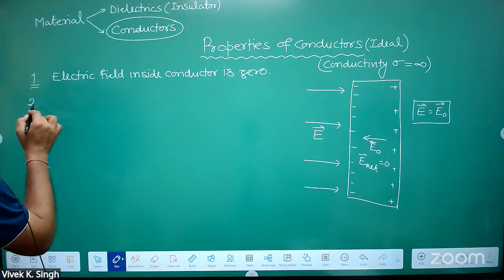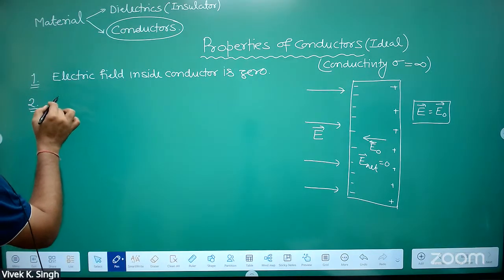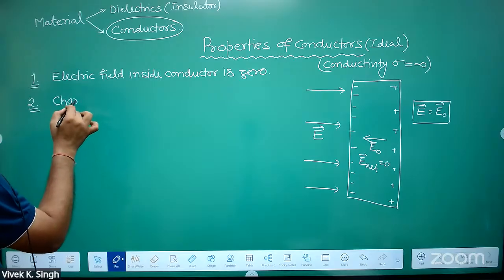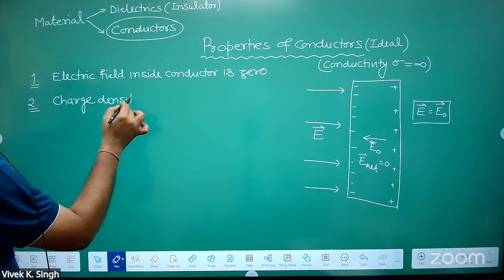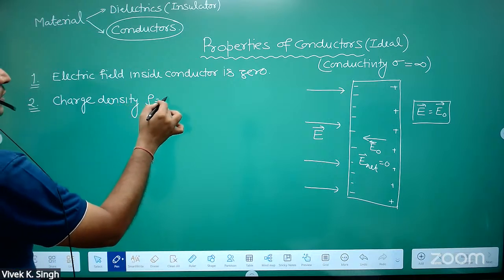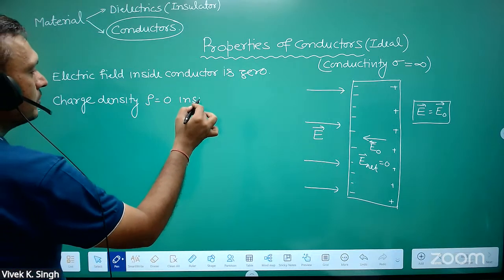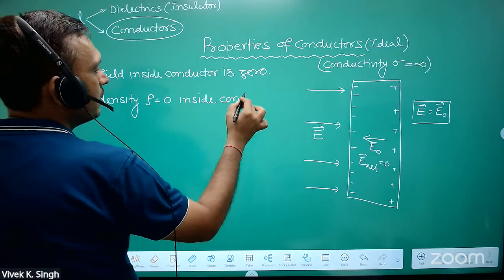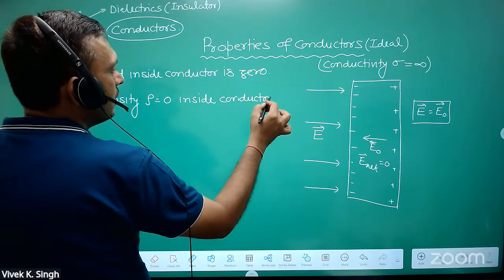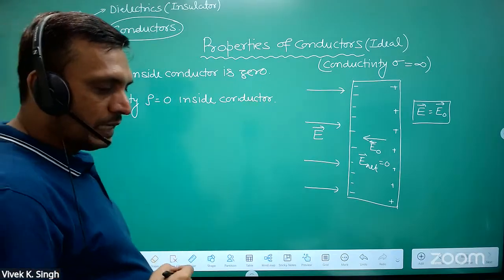Now, the charge density rho is 0 inside a conductor, because the electric field is 0.